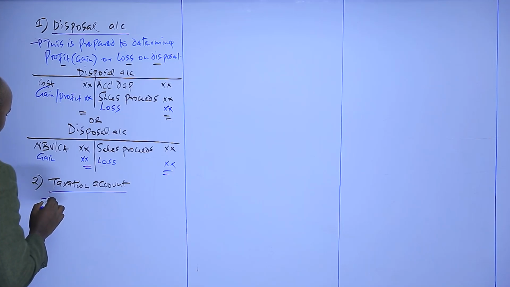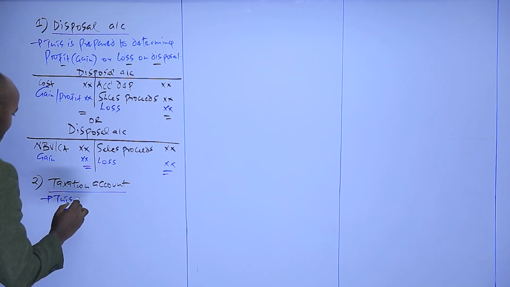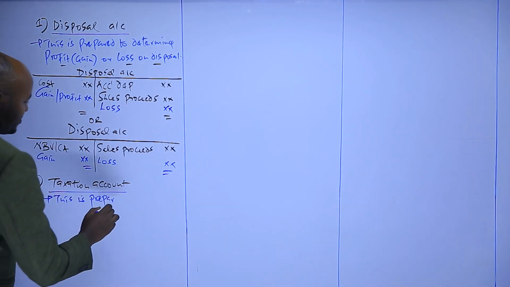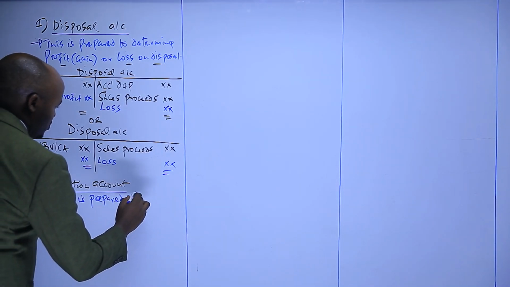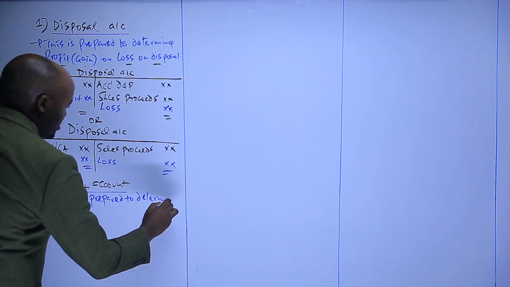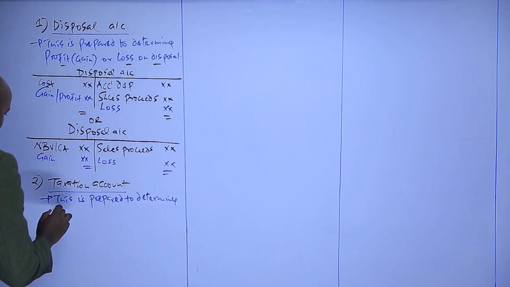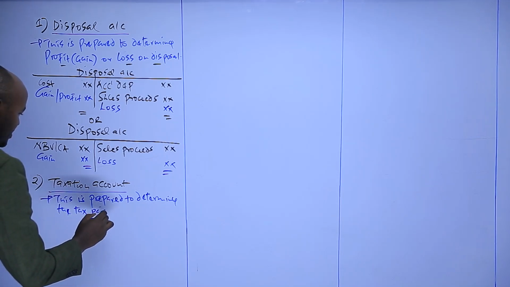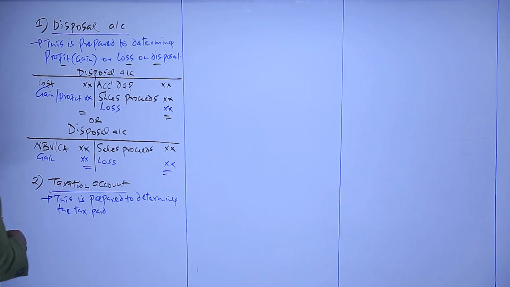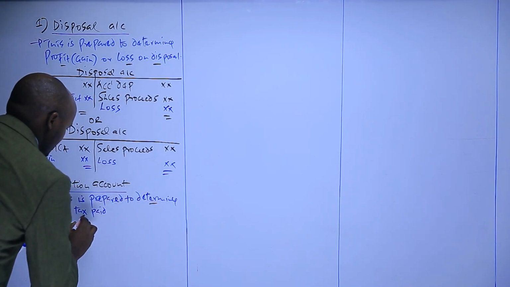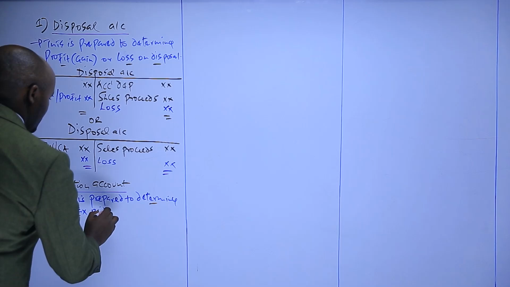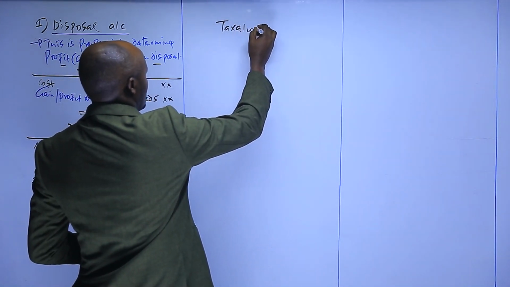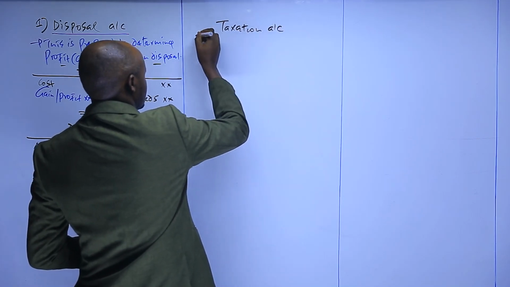So we can say that this is prepared to determine the tax paid. So how do we prepare this account, the taxation account, or just the tax account?